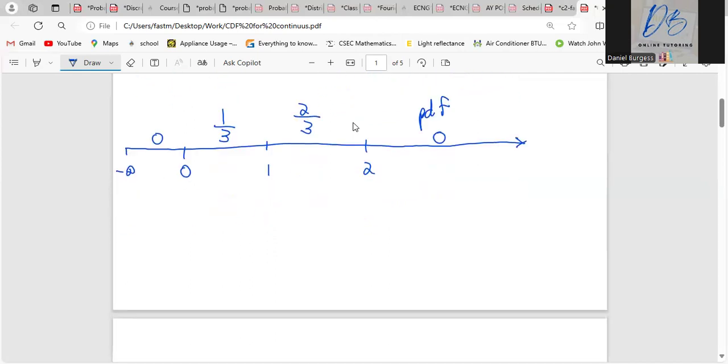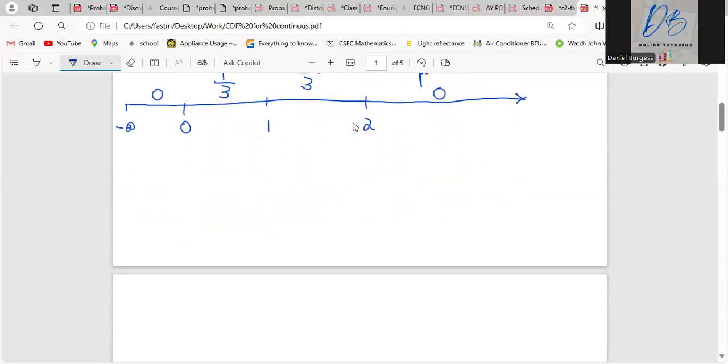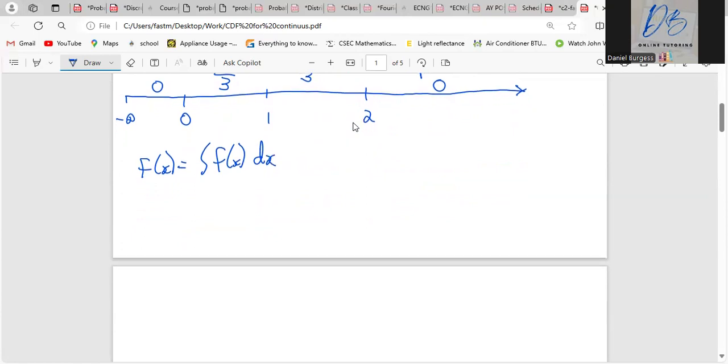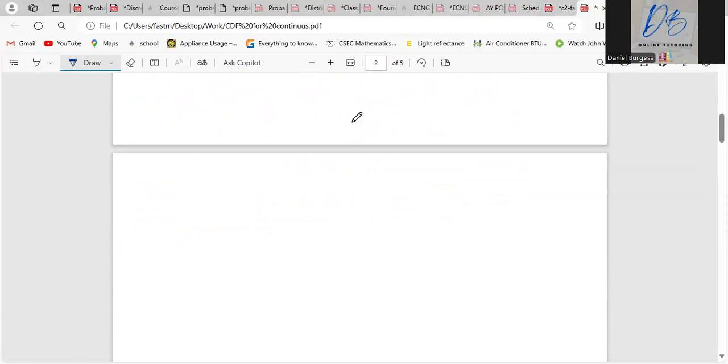Okay, so what we need to do, we know that capital F, which is the CDF, is the integral of the PDF with respect to x, right? So our CDF graph will still look like the PDF in terms of the x and y axis in between the bounds, so 0, 1 to 2.